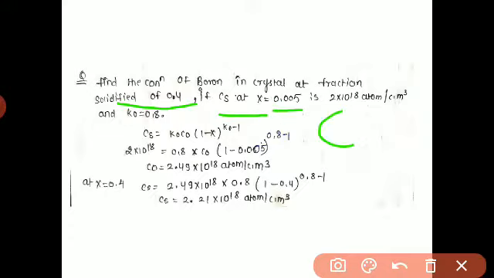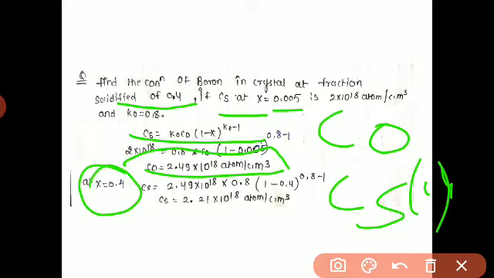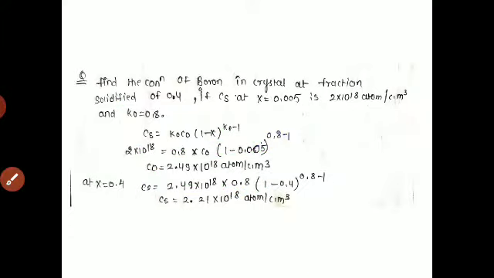So first we calculate C0 and then we calculate Cs at 0.4. Put these values into the formula and get the value of C0, very simple. After getting C0, put x = 0.4 in the formula and get the new value of Cs. This type of two-step problem can come in your mains exam.